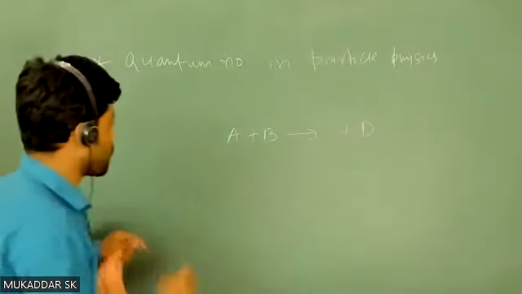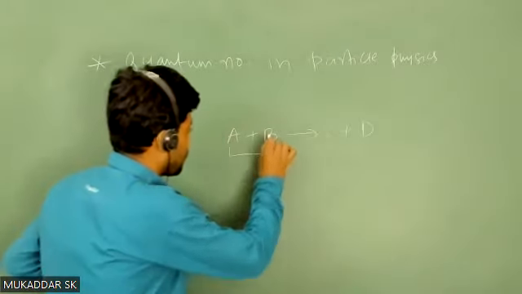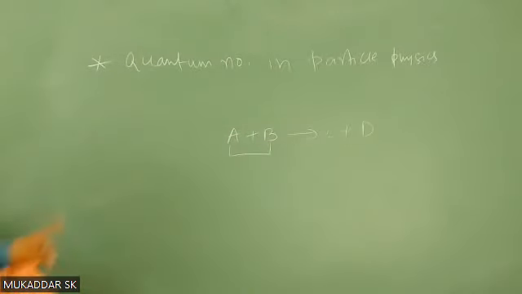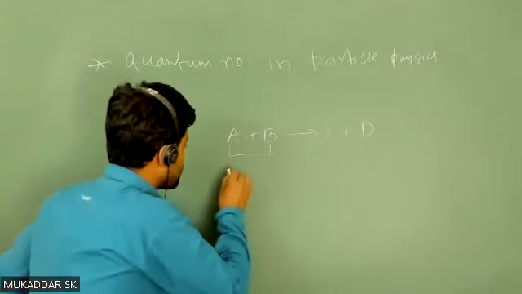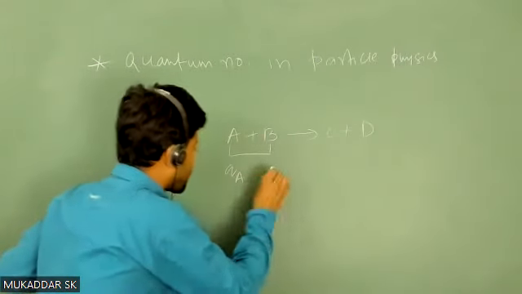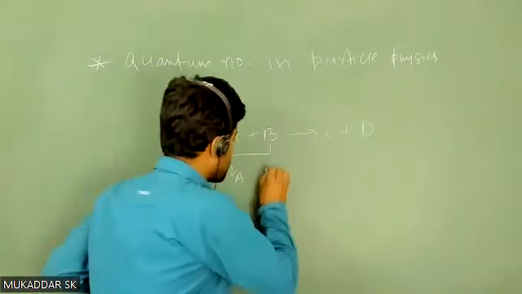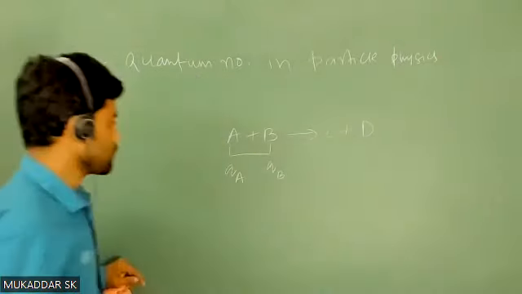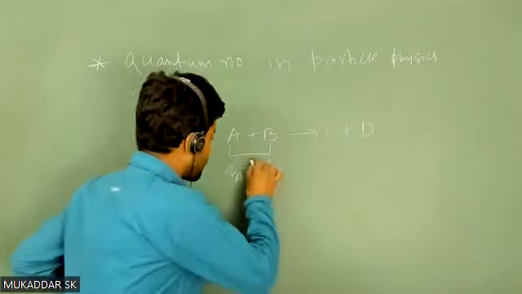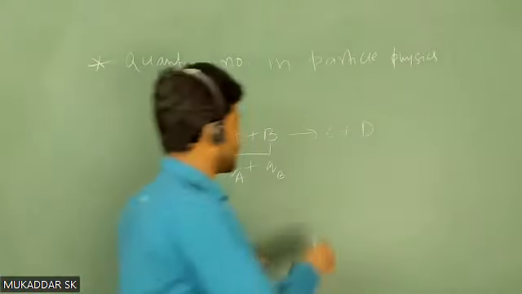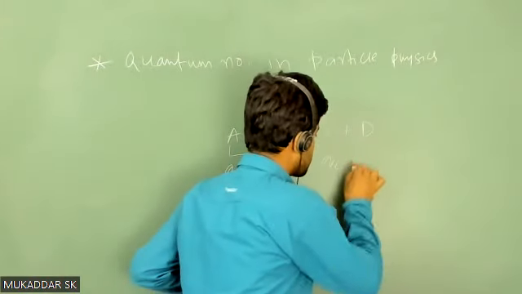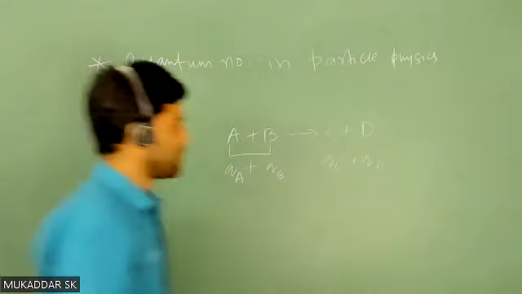How will you check? Suppose this is the reactant, A is interacting with B, and this is the product. So how will we check the charge conservation? Suppose for A particle the charge is QA and for B the charge is QB. So the total charge of the reactant will be QA plus QB, and that must be equal to Q of C plus Q of D. Charge is additive in nature.